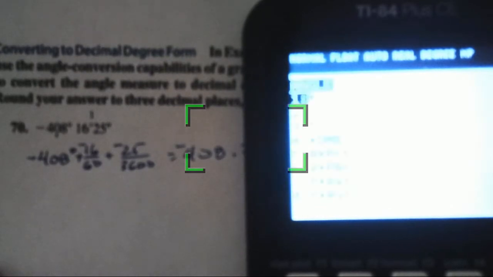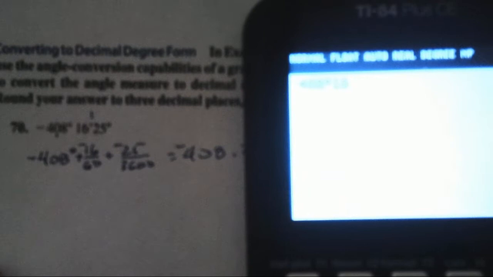There's a degree symbol. Then I'm going to go 16, back to angle, second apps. There's my minutes. While we're here, notice they don't have any double of these for seconds. Talk about that in just a moment.